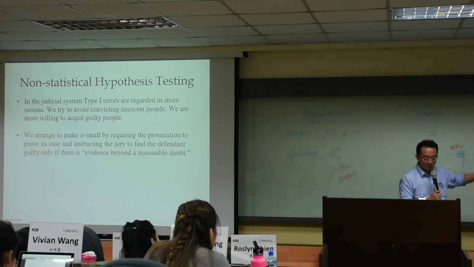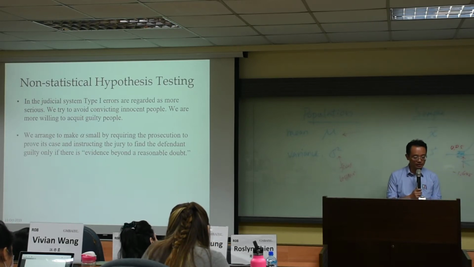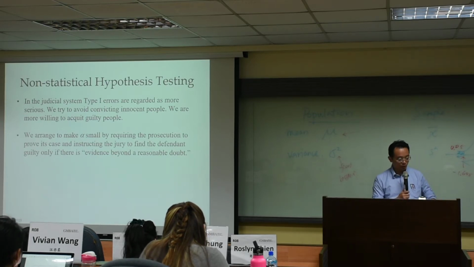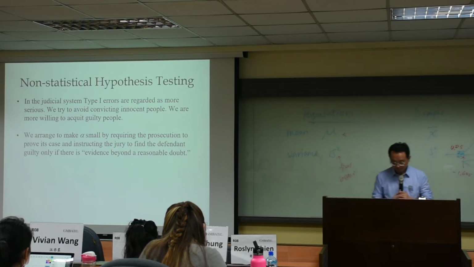So we arrange to make alpha small by requiring the prosecution to prove its case and instructing the jury to find the defendant guilty only if there is evidence beyond a reasonable doubt. Enough evidence. Okay?